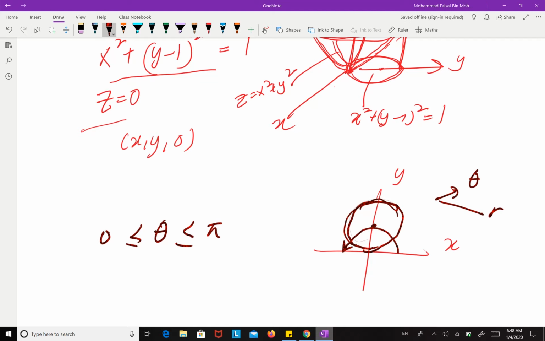Now your r should be from the pole to the surface. So it is not from the center, it is from the pole and upwards. So we have to find this line. You can use this equation; you have learned this in double integrals in polar coordinates.